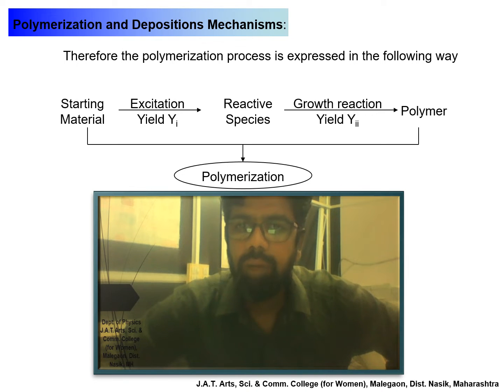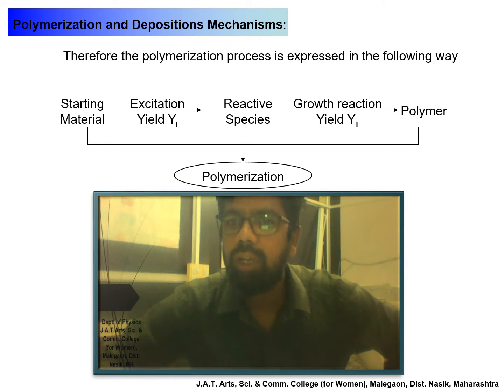While we are talking about the monomer, we are going to excite it, which is the excitation step. Then that excited or volatile monomer is condensed in the reactor, which is the plasma reactor. Therefore, it is named the reactive species.